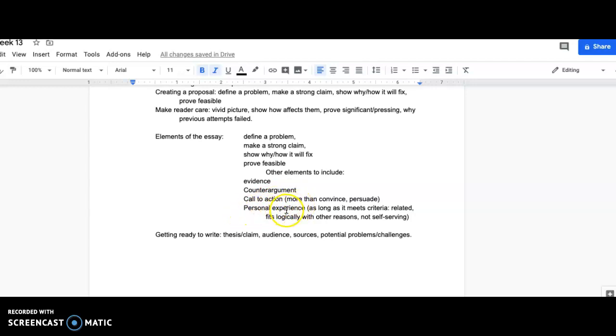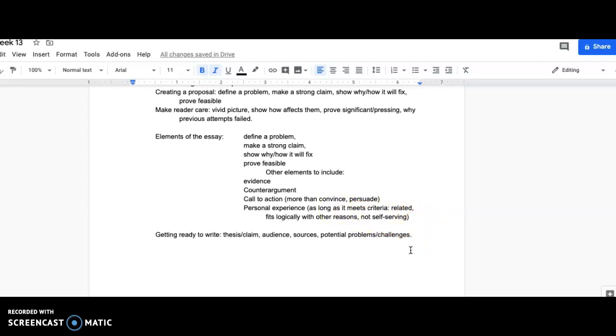And then it's fine if you include personal experience, as long as it meets the criteria for including, which means it's related to what you're talking about, it fits logically with the other reasons you're giving, and it's not self-serving, right?